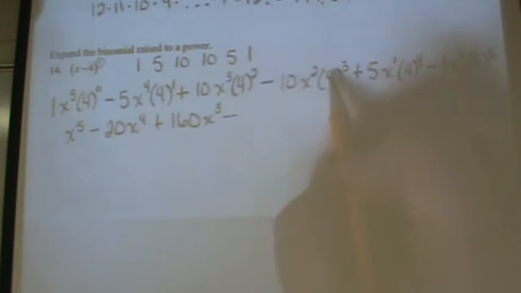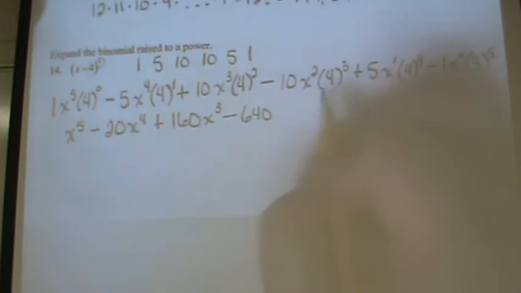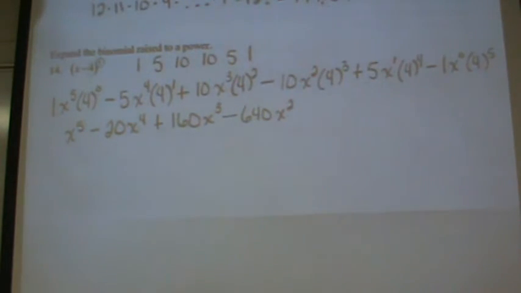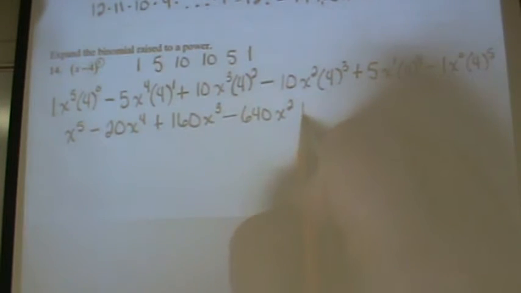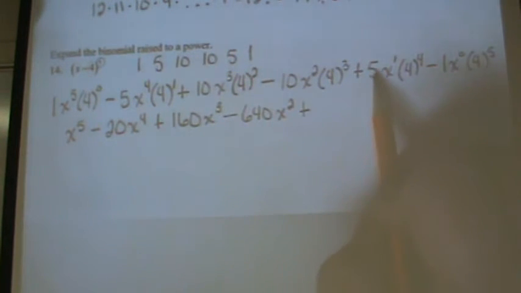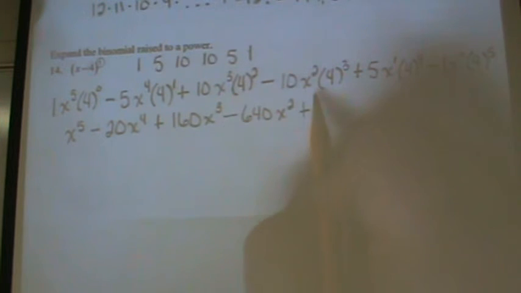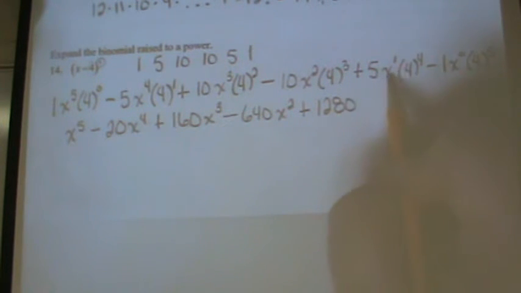So you have 64 times 10 is 640 times your x squared. Bring down your addition sign. You have 5 times x to the first power times 4 to the 4th. 5 times 4 to the 4th is 1,280 times your x to the first, which is just x.